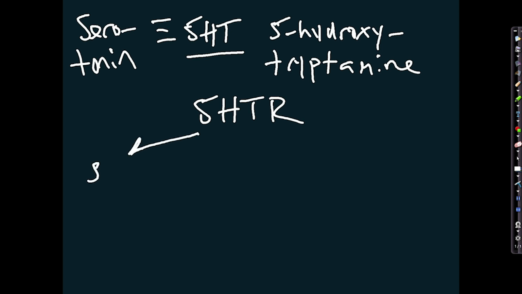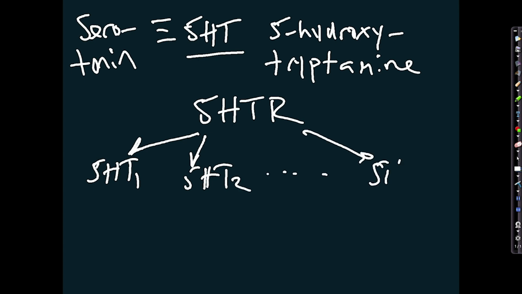So you have 5-HT1 receptors, 5-HT2 receptors, all the way to 5-HT7 receptors. Now, some of these are also broken up into further subtypes, which are normally given a letter.